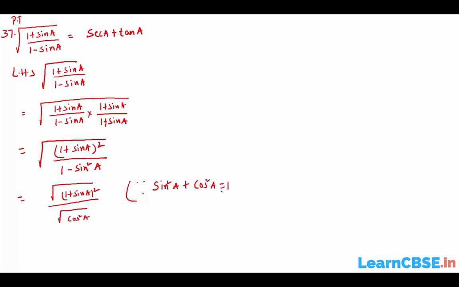Transpose sin square A to the right side, then you'll get cos square A equals 1 minus sin square A. That means in the place of 1 minus sin square A, we are replacing cos square A. That's what I had done here. Now see, here we can cancel square and root, similarly here square and root.